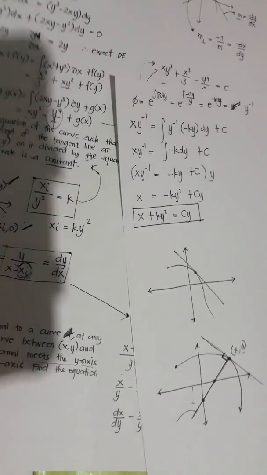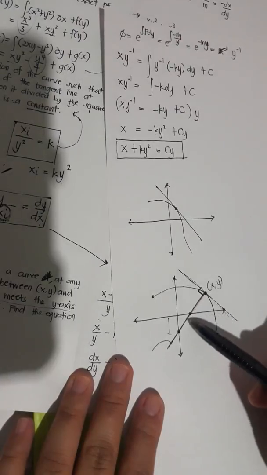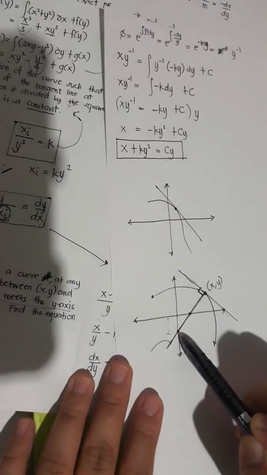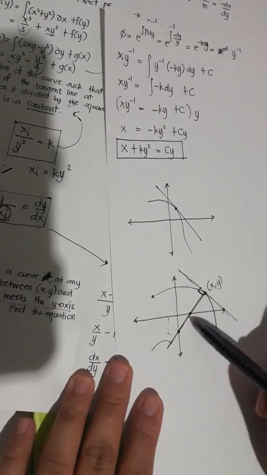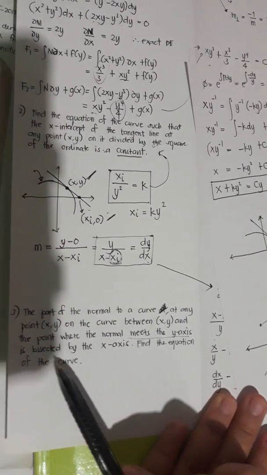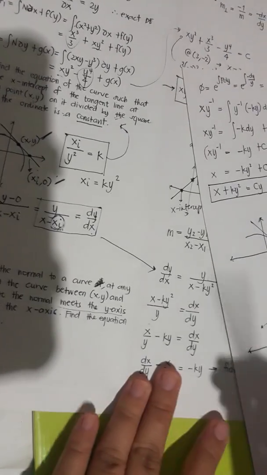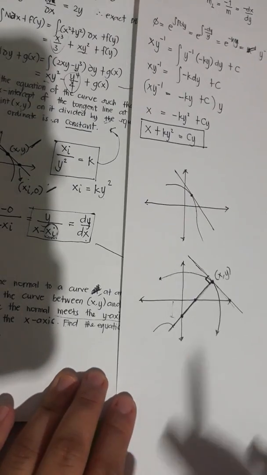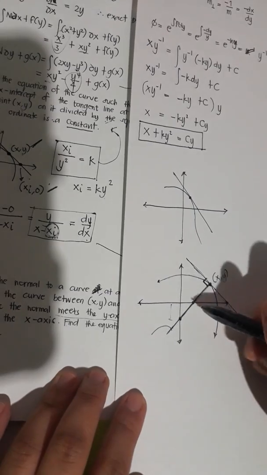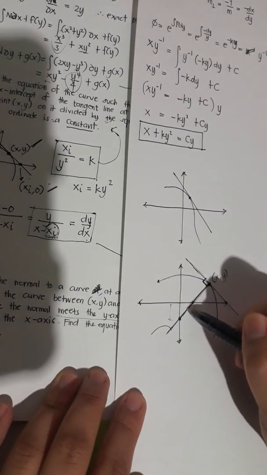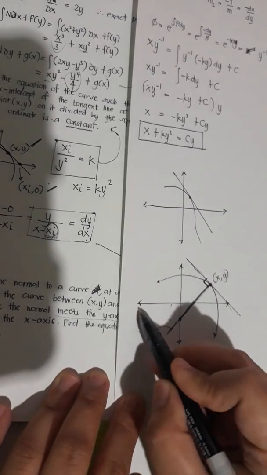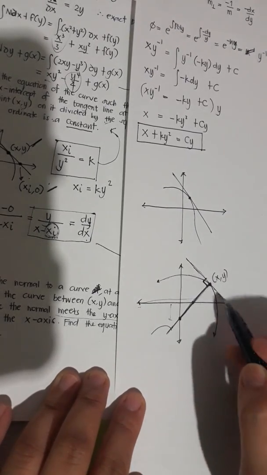This only means that this whole line here is being bisected by the x-axis. When you say bisected, meaning you are dividing a certain line into two equal parts. Therefore, this line from here to here is being bisected by the x-axis.